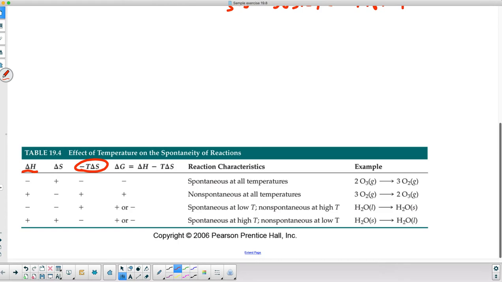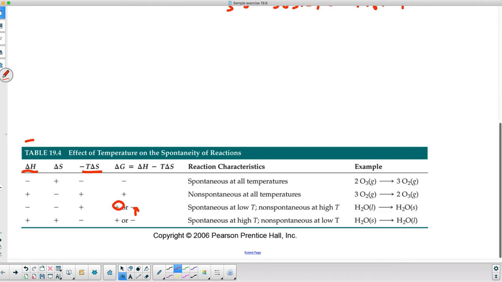So at some temperature, this term right here is going to be more positive than the delta H is going to be negative, which causes my delta G to be positive. Because this term is dependent on temperature, at low temperatures my delta G is going to remain negative, which means spontaneous, but at higher temperatures it's going to be non-spontaneous.